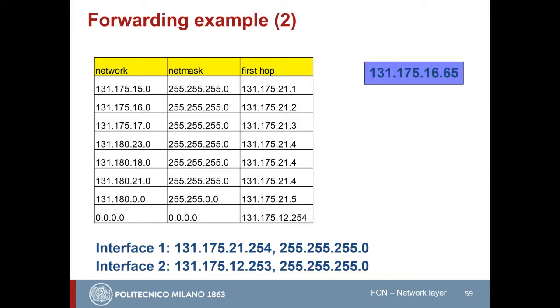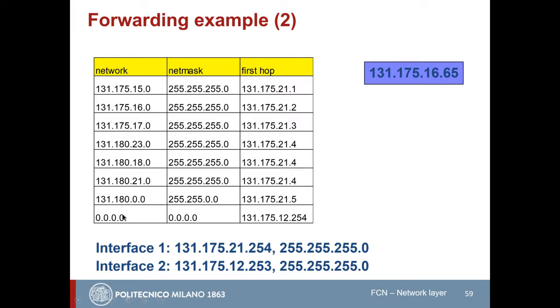So the router has to perform an IP address lookup inside the routing table, using this address as the key. We start implementing the lookup in a very simple way. It's a manual lookup, but basically we will perform a linear search. It means that we start from the top entry in the routing table, and we go to the next entry, and then to the next, until we reach the bottom of the routing table.